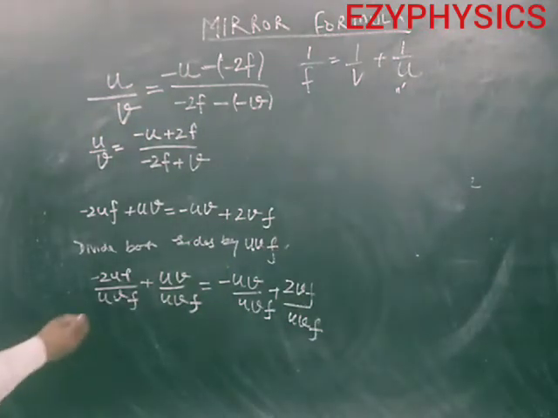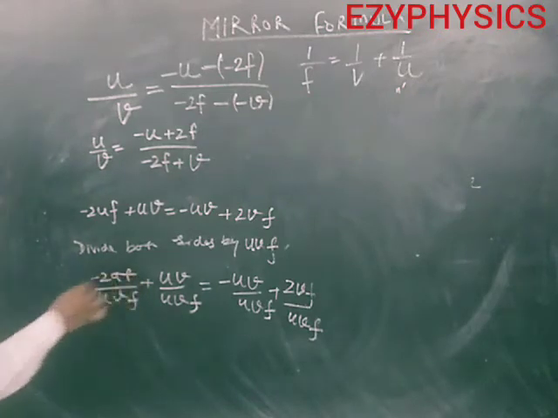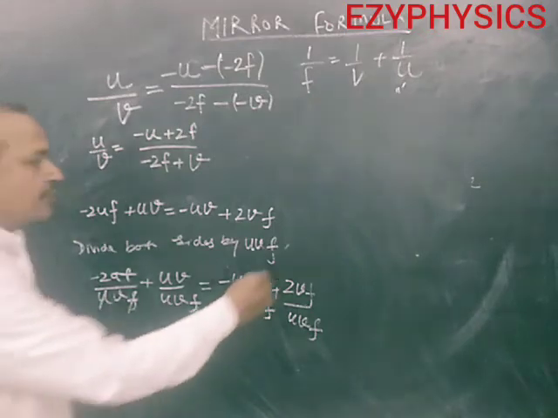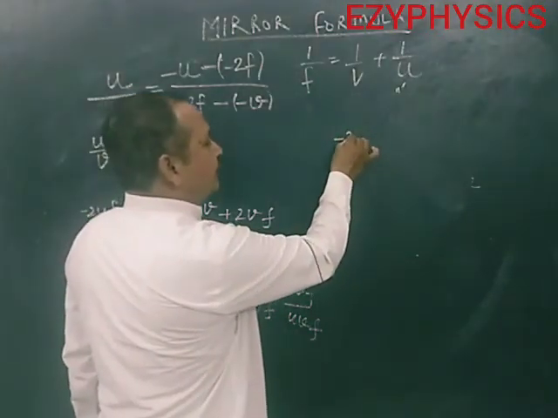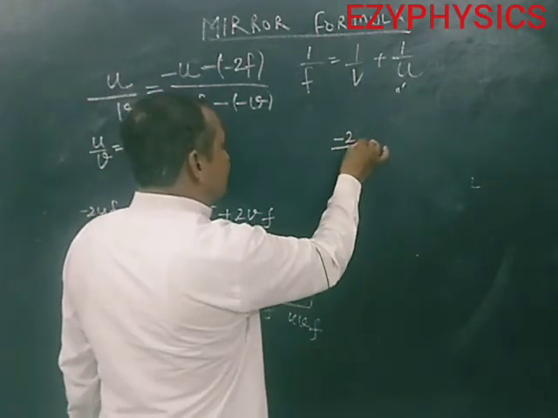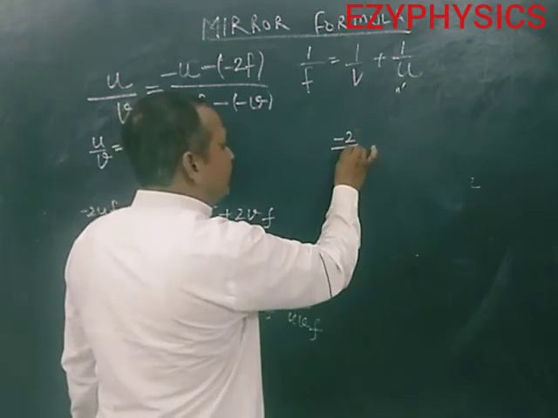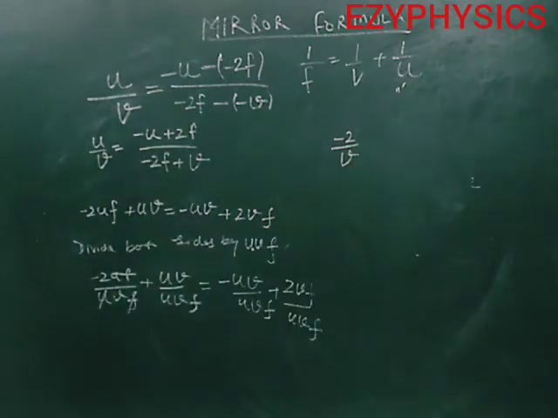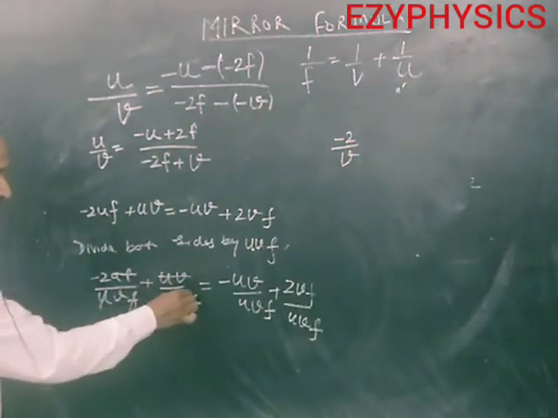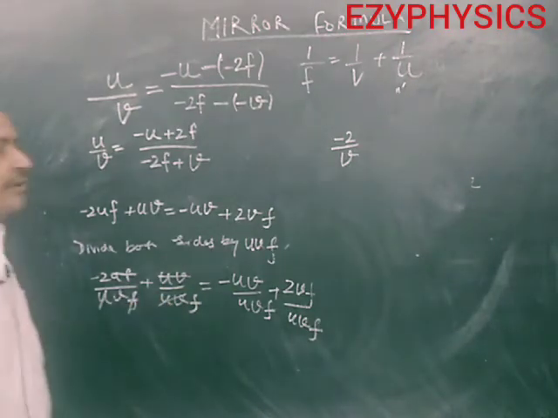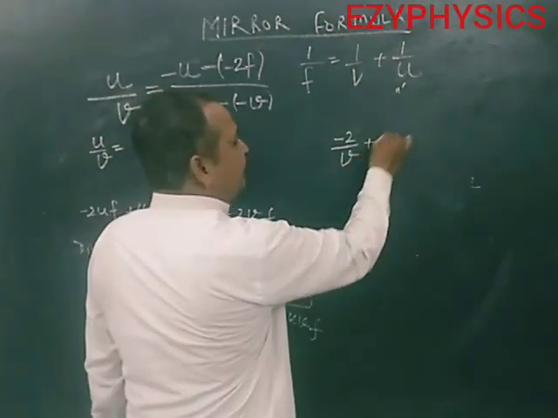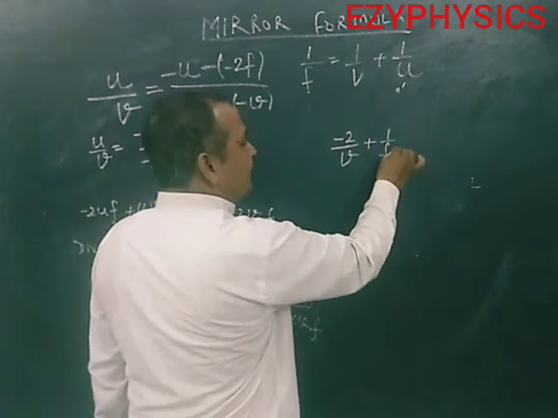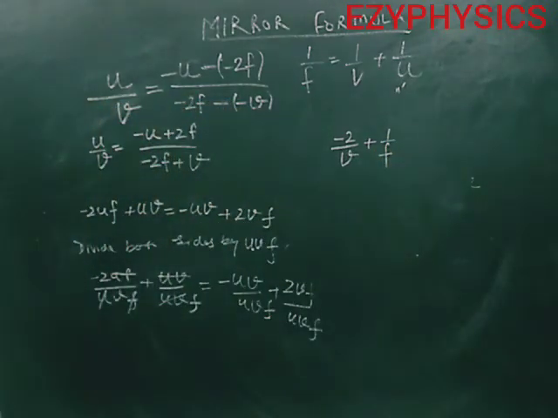Okay. Now this uf gets cancelled with this uf and I am left with minus 2 over v. This uv gets cancelled with this uv and I am left with plus 1 by f.